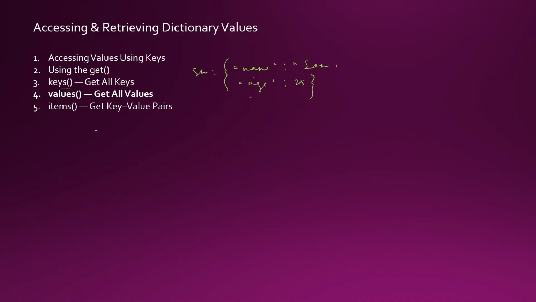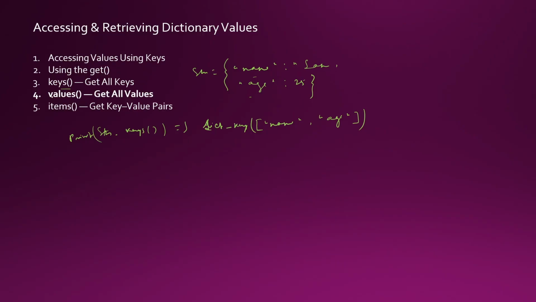For example, if I write student dot keys and try to print this one, it gives me the answer as dict_keys, and within this, all the key names are printed separated by commas. So to get all the keys from my dictionary, we can use the keys function.